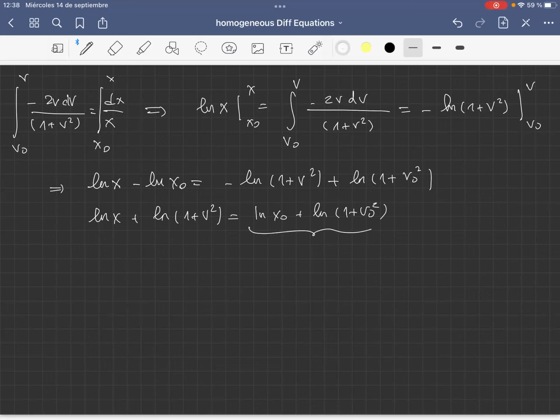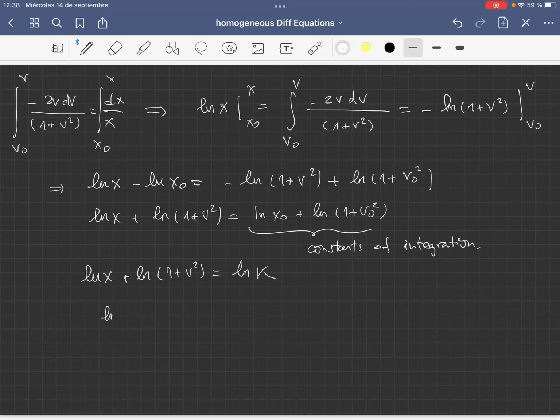Realize that these are all constants of integration, and I can actually put them all together. So let's do it, and let's call it all logarithm of k, as k is any constant of integration.